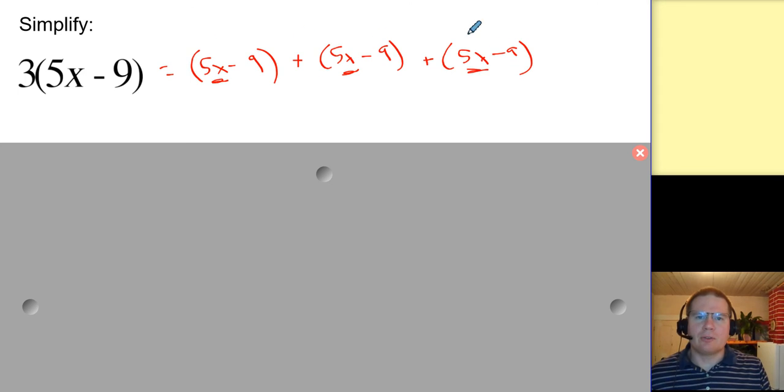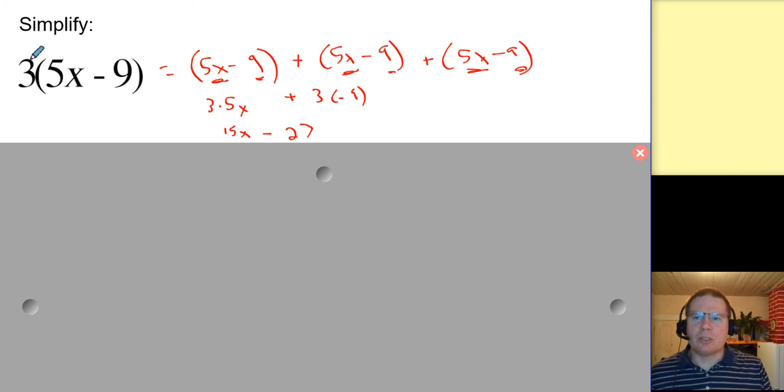Well, how many 5s is that? That's 3 5x's. And I have 9 plus another 9 plus another 9, all negative.